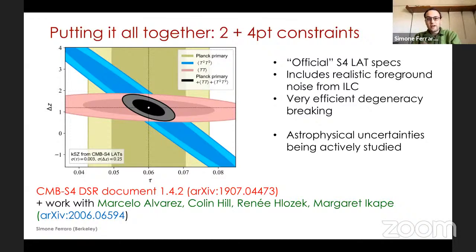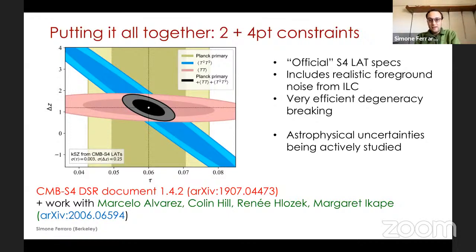For the 2-point function, you do need to marginalize over quite a large uncertainty on the late time KZ, so the 2-point function now loses most of its constraining power. However, they have very different sensitivity to duration versus tau, because the 4-point function is non-Gaussianity, and the longer reionization is, the more Gaussian the signal becomes. So you do have a very different sensitivity than the 2-point function.